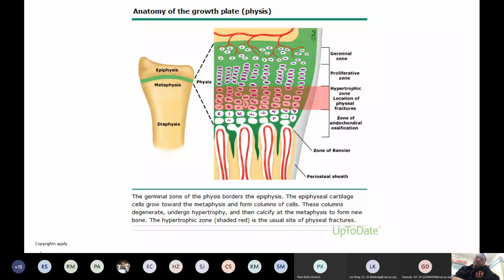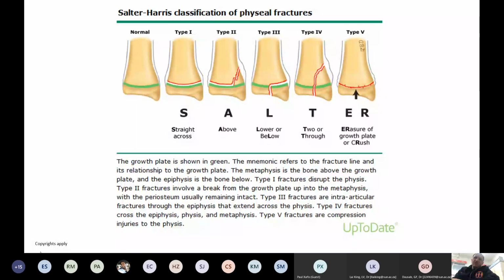Moving on, the next slide, you should see the Salter-Harris classification. I'm not going to go into it in too much detail. Most of you know the mnemonic SALTR without the E. You can add the E if you want. What I personally found difficult is we tend to remember the mnemonic, but then the above or lower or below becomes confusing when you draw those pictures for yourself.